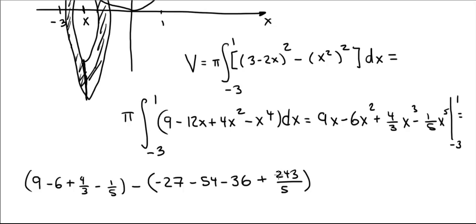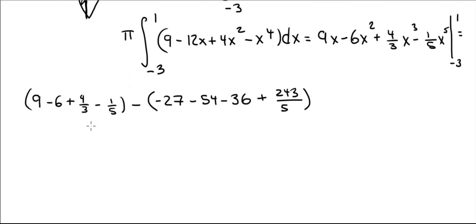So all we have to do is simplify this. And this is equal to 9 minus 6 is 3, plus 4/3 minus 1/5. We have minus 27 minus 54 minus 36. That's negative 117.